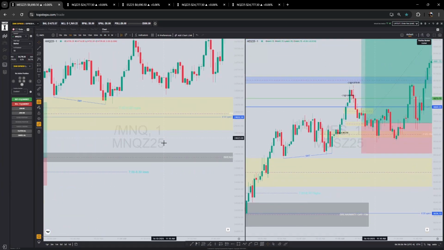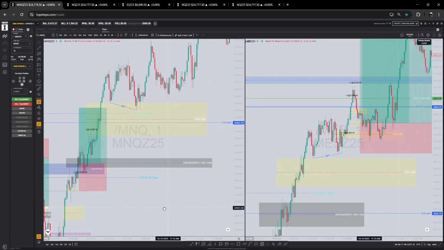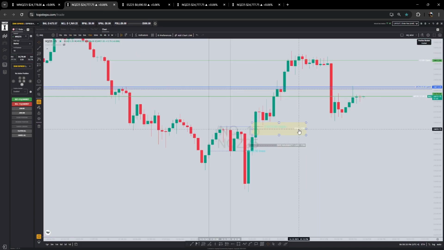So guys, I was waiting for price to come back into the 15-minute fair value gap, the first fair value gap, which was this fair value gap on the 15-minute time frame, here on NQ.